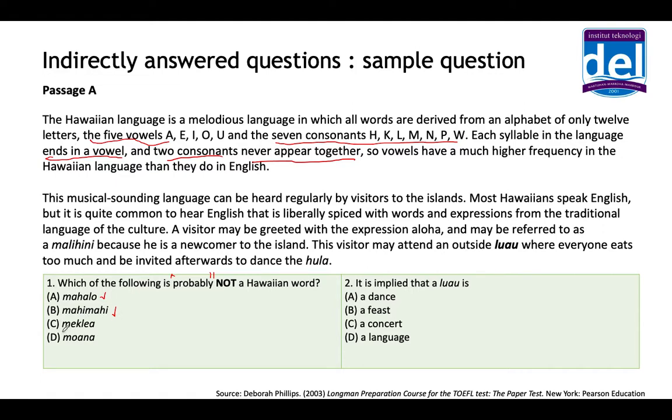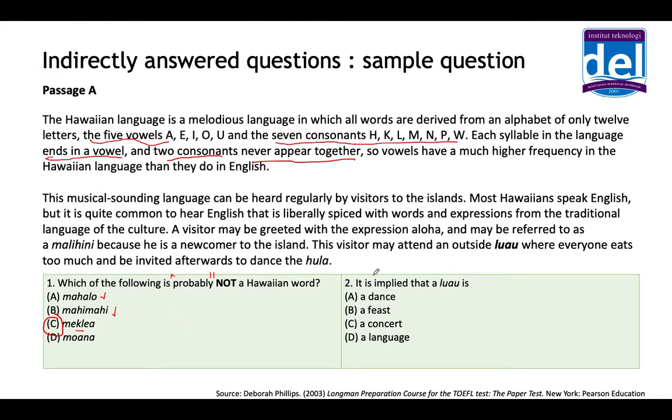What about option C, meklea? It ends in a vowel, yes, that's true. And the next characteristic, 2 consonants never appear together. But here we find that 2 consonants appear together, and they are K and L. It means we can now identify that the correct answer for number 1 is C, because this does not belong to a Hawaiian word, or it does not fulfill the requirement to be a Hawaiian word.